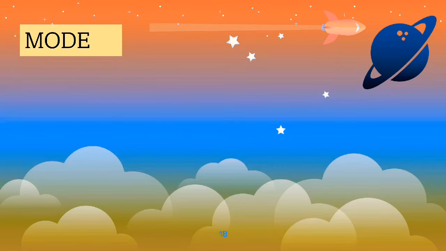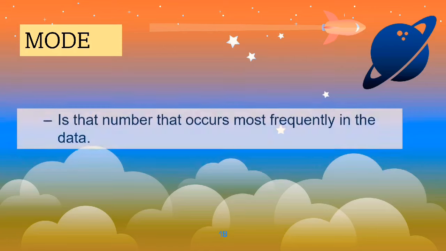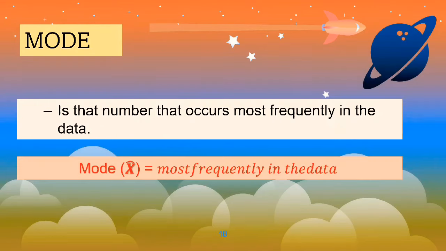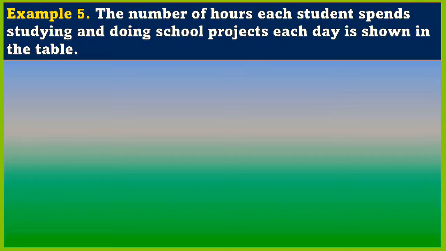The last and final measure of central tendency is the mode. When we say mode, it is the number that occurs most frequently in a data. So, in short, mode stands for most often data entered. Consider this example.